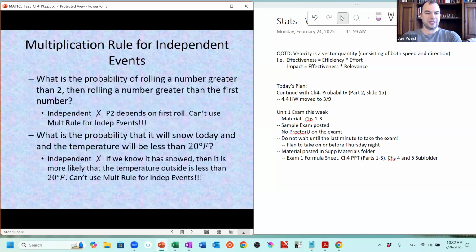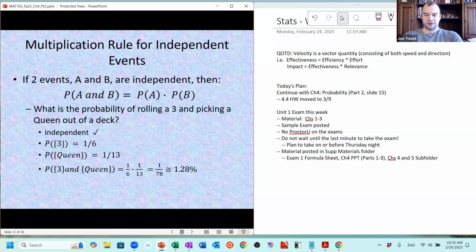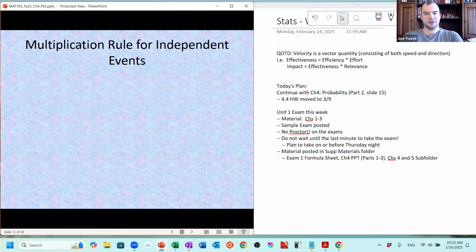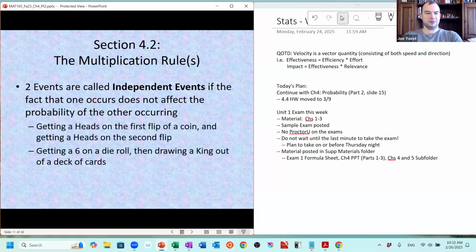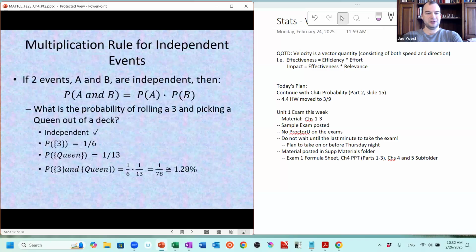So just recall that we had a multiplication rule for independent events, and recall that we say that 2 events are independent if the knowledge that one occurs or does not occur does not affect the likelihood of the other one occurring. So for example, consecutive flips of a coin, we would think of as independent events.